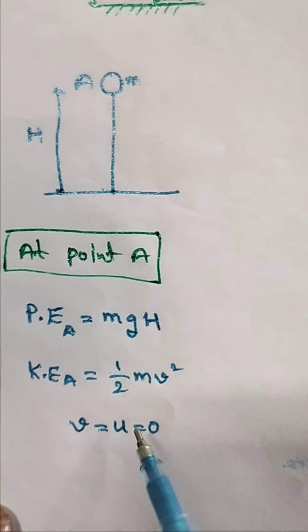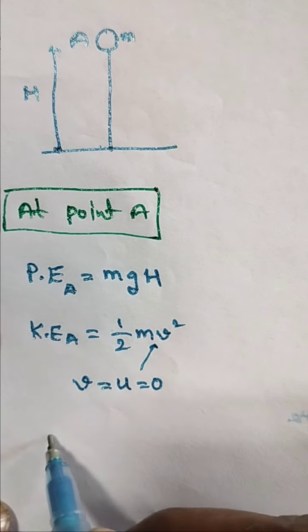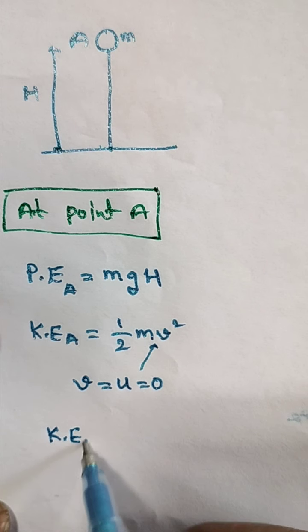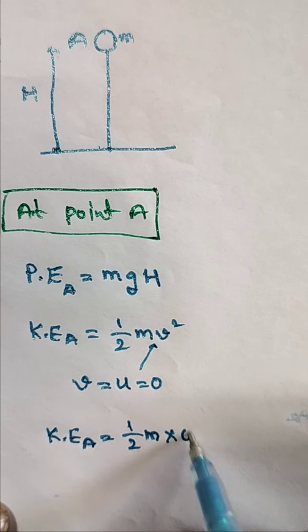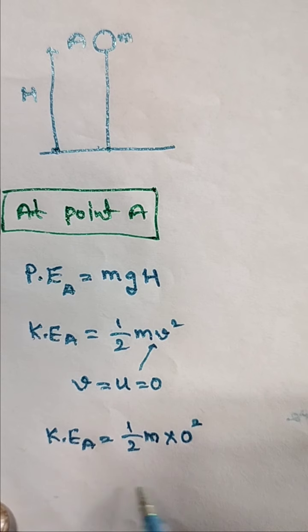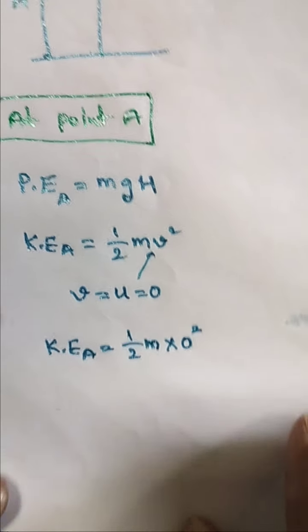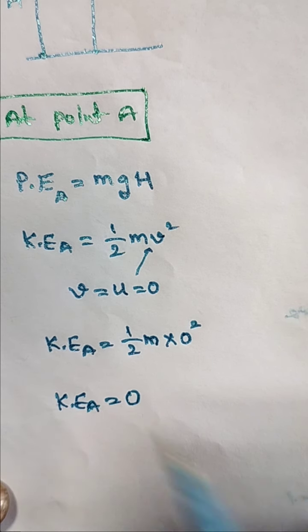Substituting in the kinetic energy equation, the kinetic energy at point A is 1 by 2 m into 0 square, which is 0.